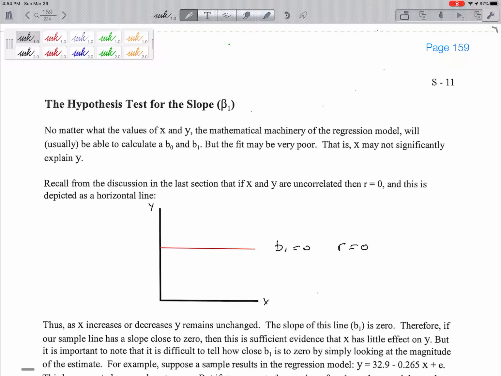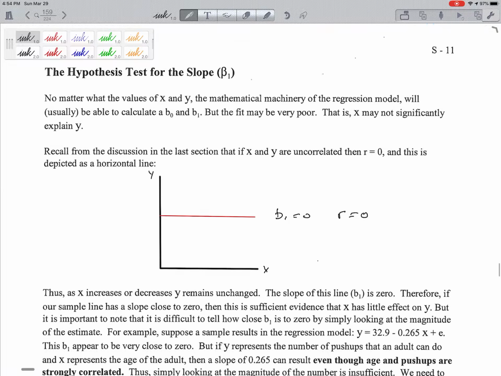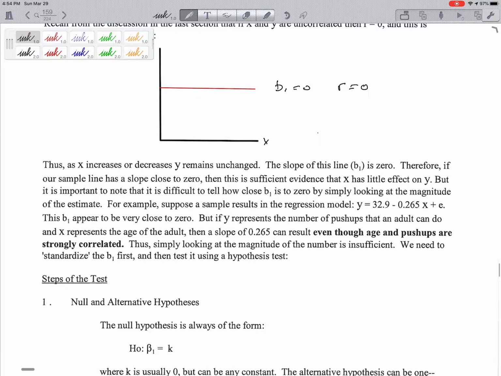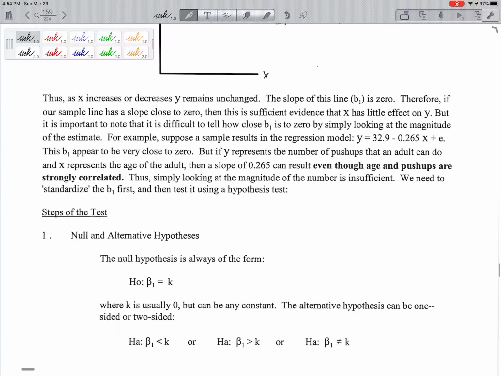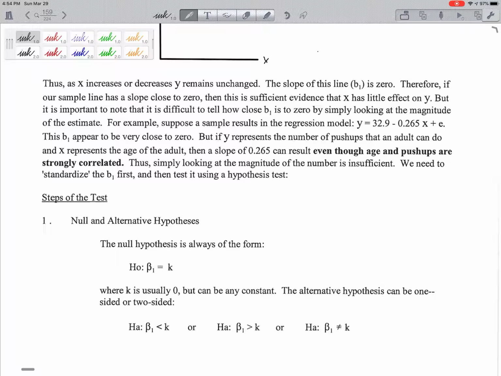So when we're doing a test on a slope, we're usually looking at whether the slope is equal to 0 or not. Now down here, just as the generic form of the test, we're testing whether beta 1, remember we're never testing b1, that's a sample statistic, we're talking about the population parameter here, in this case the slope, is equal to some number k.